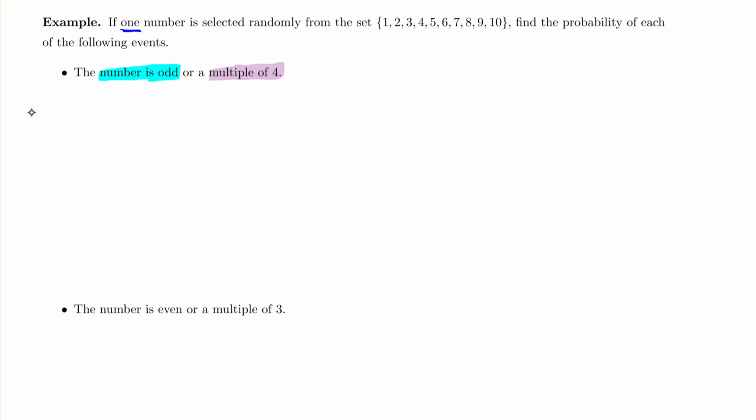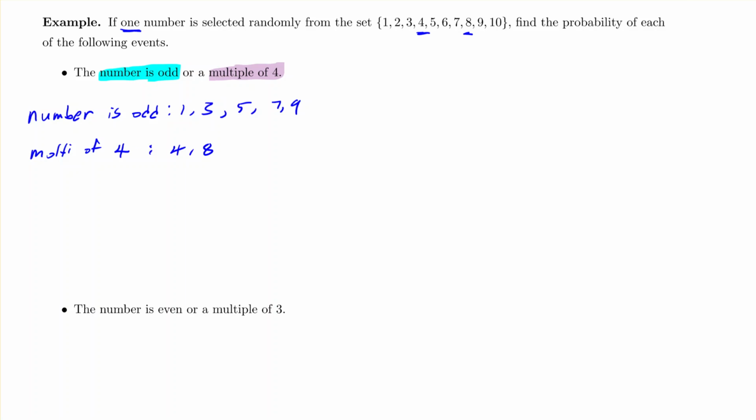One way to check that is to list all the possible outcomes, or sample space, for each event. Number is odd. What are some odd numbers? All the odd numbers: 1, 3, 5, 7, and 9. And multiple of 4 is 4 and 8. There are no overlapping numbers here.